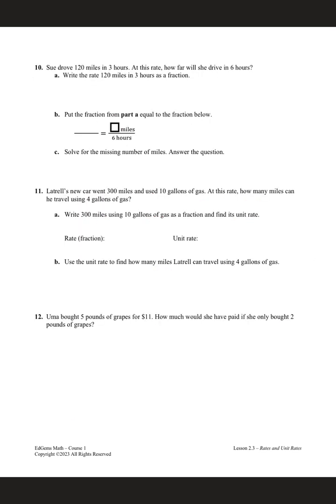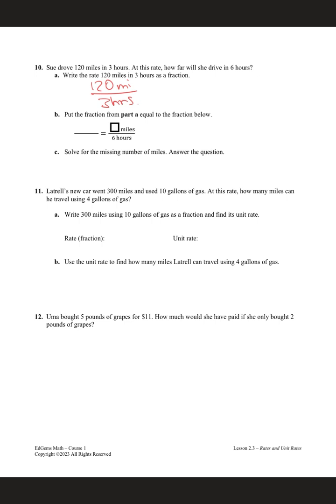Okay, so number 10 says Sue drove 120 miles in 3 hours. At this rate, how far will she drive in 6 hours? Part A says, write the rate 120 miles in 3 hours as a fraction. So here we go, 120 miles over 3 hours. That's all you got to do.